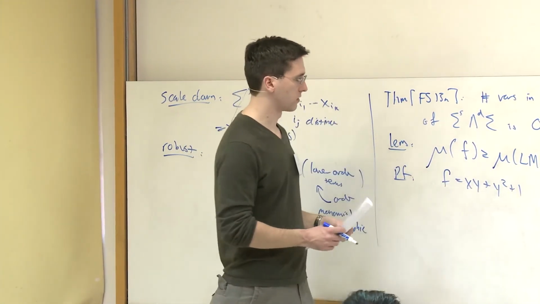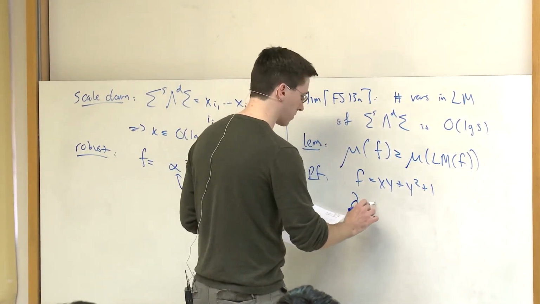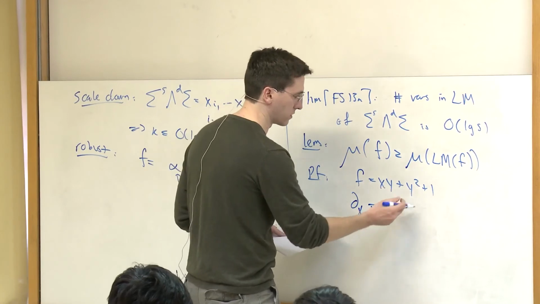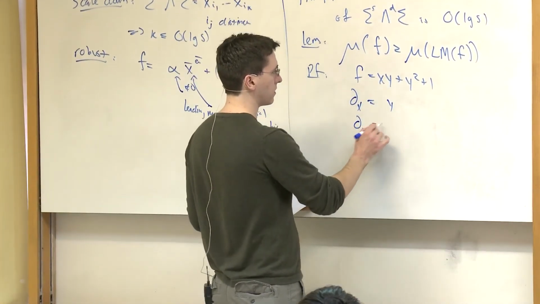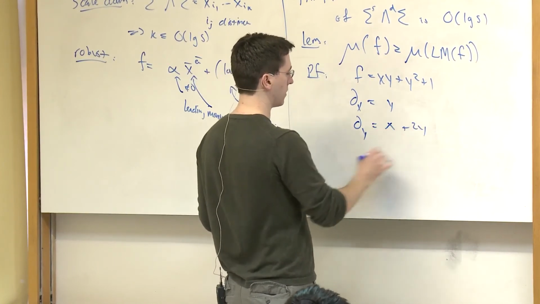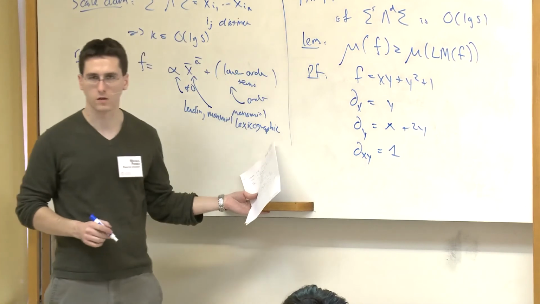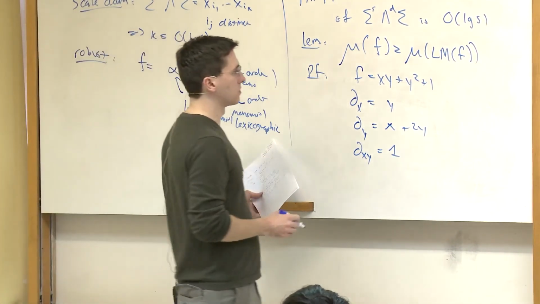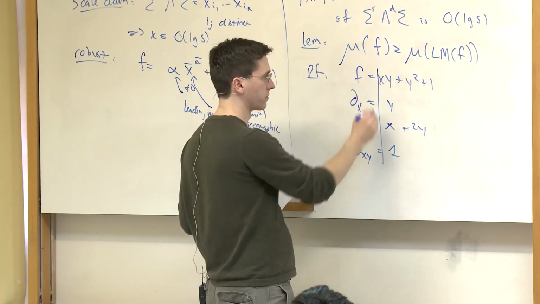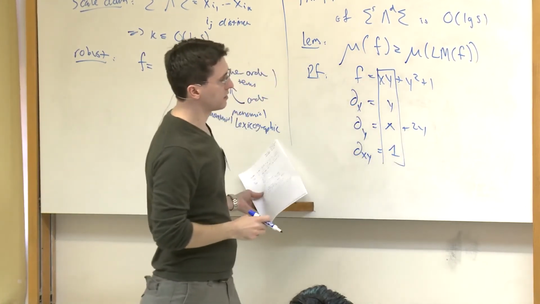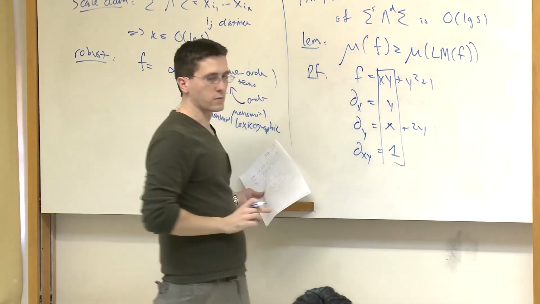If you sort these things, x is the first thing, so xy comes first because xy has more x than everything else. Then if you take the derivative with respect to x, everything else is killed, and this gets y. If you take the derivative with respect to y, you get x plus 2y. If you take the derivative with respect to both, you get 1. The reason I chose this example is to look at the leading monomials of the derivatives. It's easy to see that the leading monomials of the derivatives are the derivatives of the leading monomial.